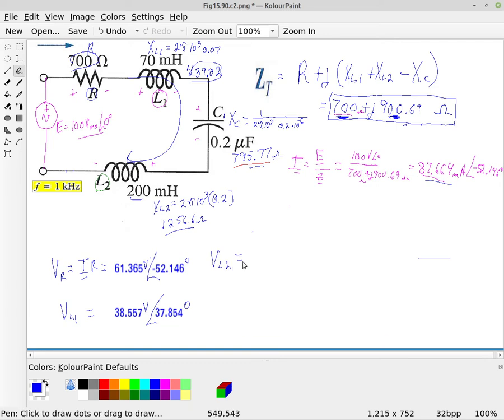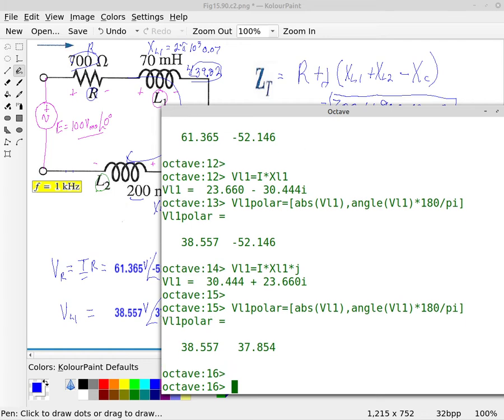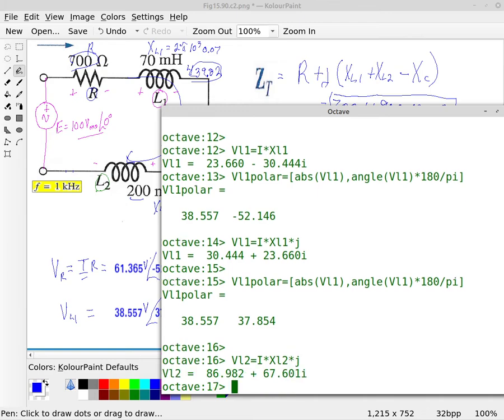It's going to be done exactly the same way, except we need to change the 1s to 2s. So we can just use the up arrow keys and recall the command and then calculate it.